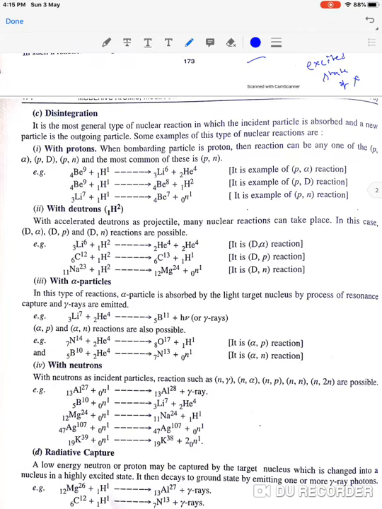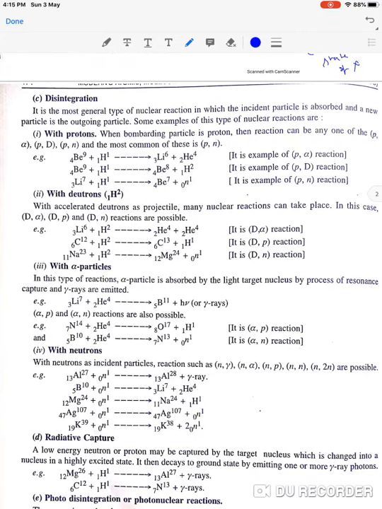Now there are some other reactions like disintegration, and this is the most general type of nuclear reaction, in which the nuclear particle is absorbed and a new particle is the outgoing particle. For example, in a disintegration process I need to bombard initial particles like protons, deuterons, alpha particles and neutrons.